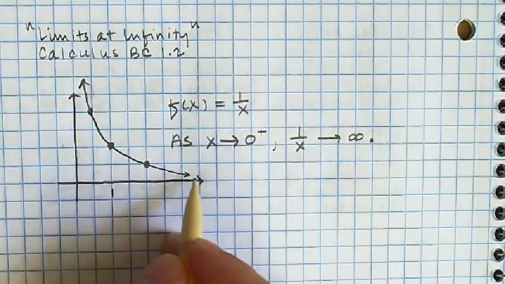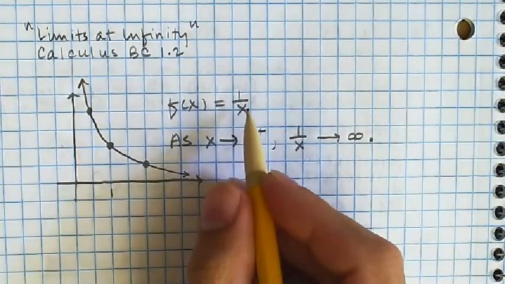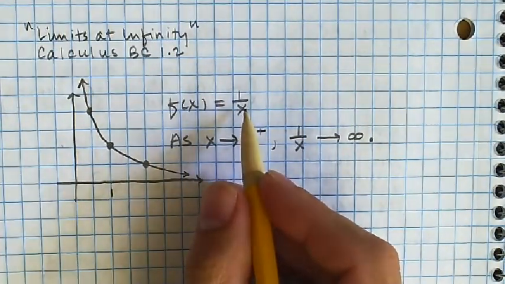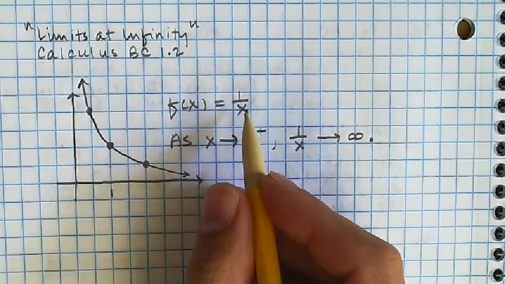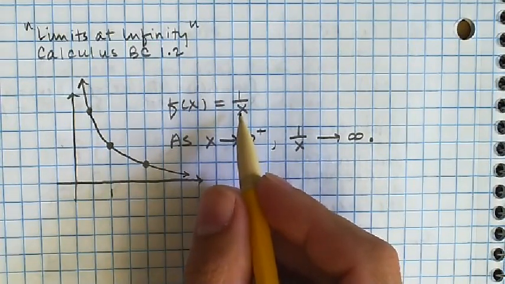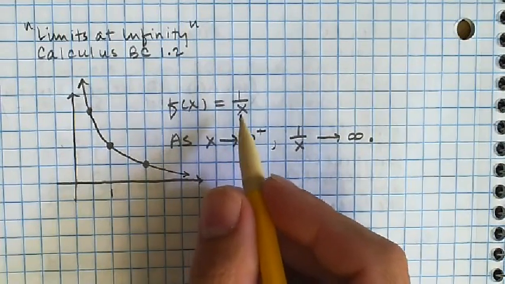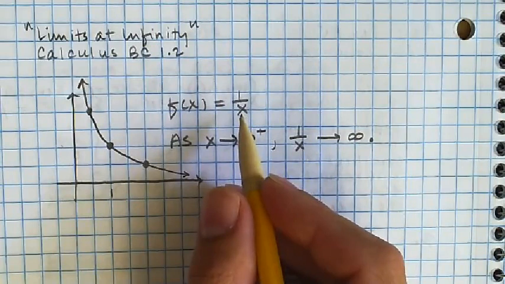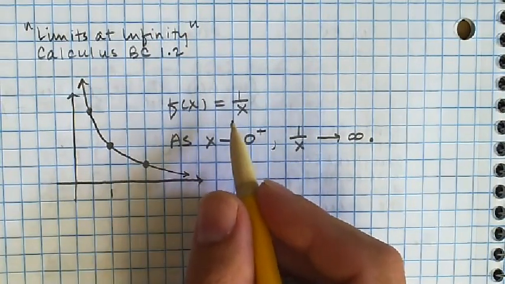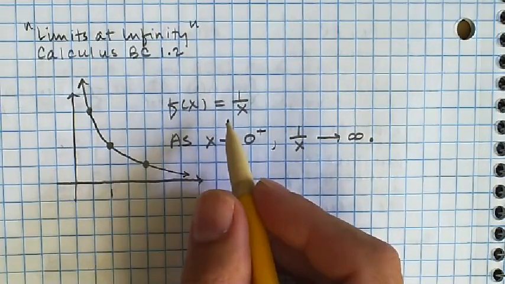Over here, we've got a very clear behavior, and we know what happens to 1 over x as x gets bigger and bigger and bigger. If we have one pizza and there's 3 of us splitting it, we're each going to get a bunch of pizza. But if I take one pizza and try to divide it amongst every student at Lake Travis, every person gets a tiny little dot of pizza.